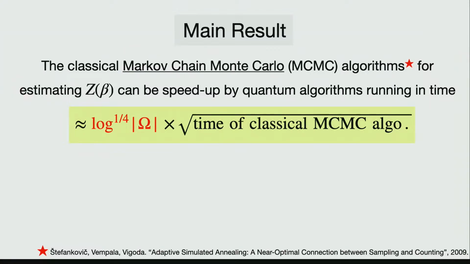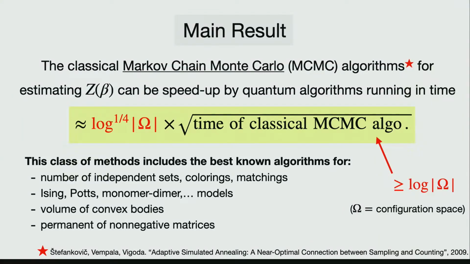On one hand, something that depends on the log of the number of configurations of your Hamiltonian. On the other hand, a quadratic speedup over the running time of the classical MCMC algorithm. This classical running time is usually also at least log of the size of omega, meaning that at the end you get a sublinear quantum algorithm with respect to this parameter. And the size of omega is usually exponential, so at the end, it's really all about polynomial speedups.